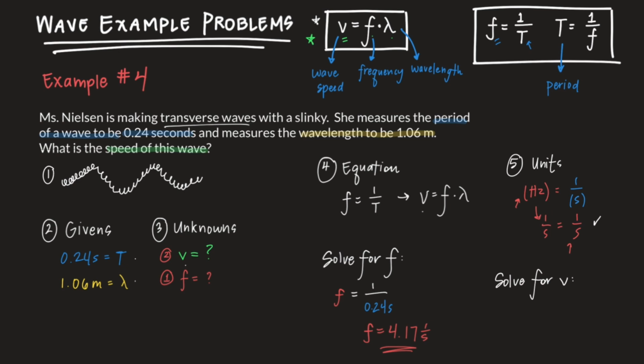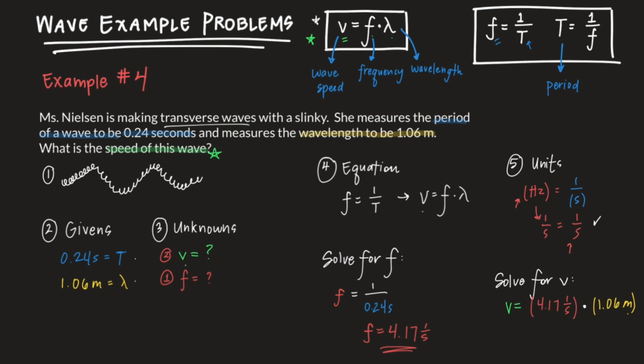So now we can solve for our wave speed. What is v? Because remember, that was the goal of this problem. So remember, v is equal to frequency times wavelength. My frequency I just found was 4.17 1 over seconds, or 4.17 hertz, and I'm multiplying it by the wavelength given to me in the problem, which was 1.06 meters.